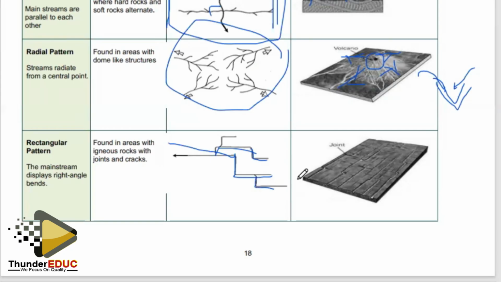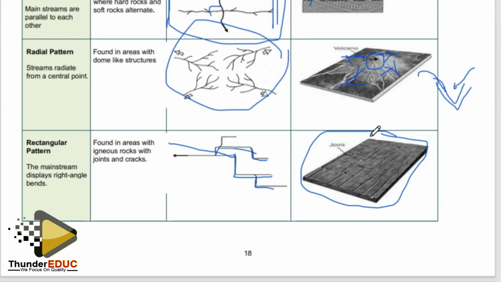What causes this is the underlying rocks, where we have an area with rocks that have cracks or joints, like what you are seeing here. Remember, rivers have to flow over areas of weakness. A river can effectively form when there is weakness in terms of erodibility of the surface.